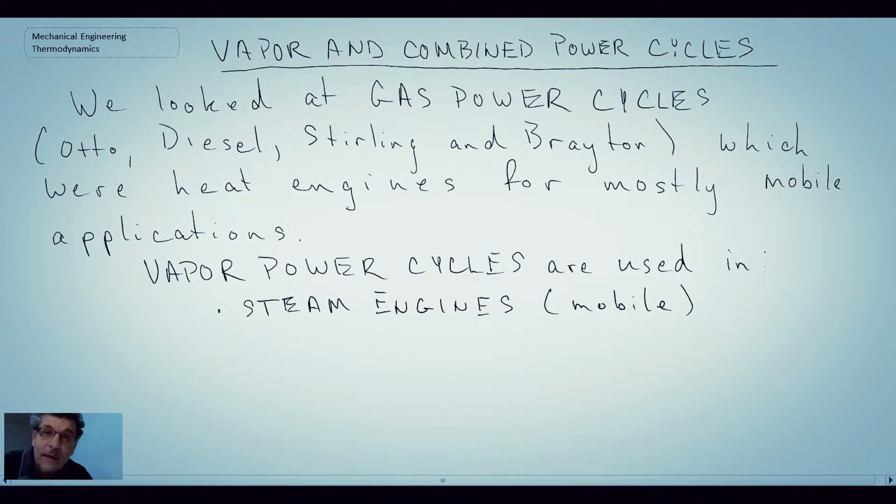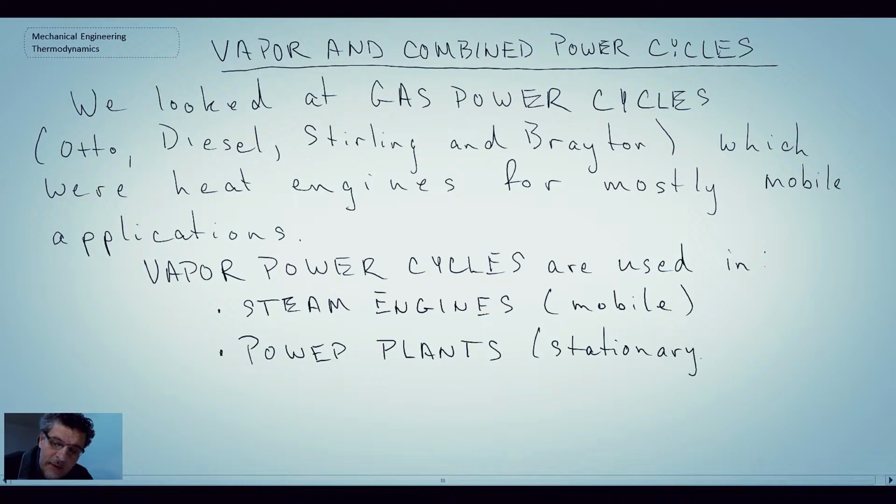That then evolved into steam engines that were used throughout the early 1900s. In more recent years, this has evolved into power plants, the systems that provide us with electricity, and these are stationary. However, there were also early steam engines that were stationary, as we'll see in the next video clip. So let's take a couple of minutes here and look at a few different applications of steam engines.